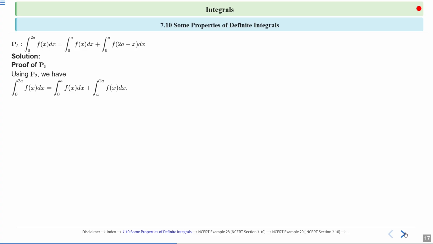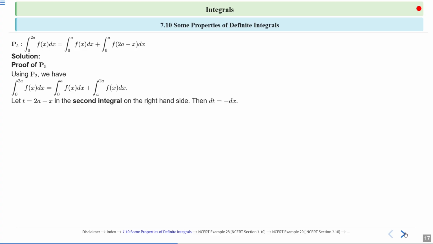But now we split the interval. At first we take from 0 to a of f(x) dx plus the integral from a to 2a of f(x) dx. The interval is the same. Here at first we integrate the definite integral from 0 to a and then from a to 2a using property P2.